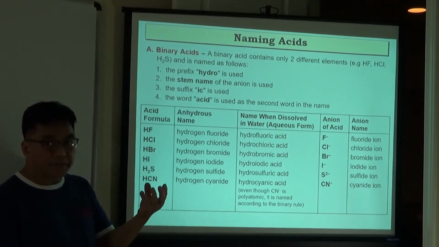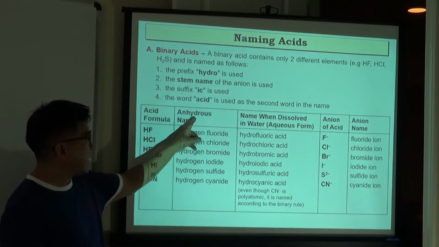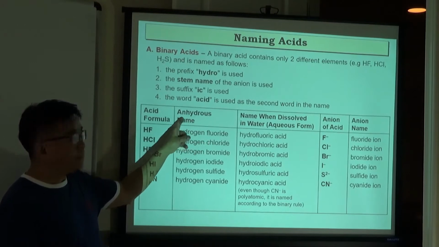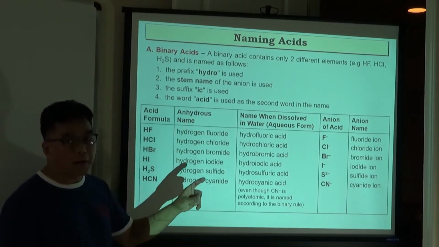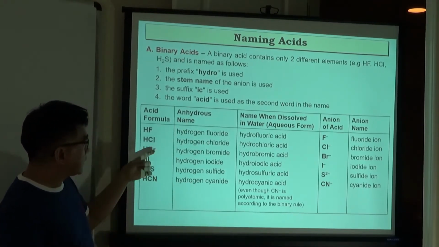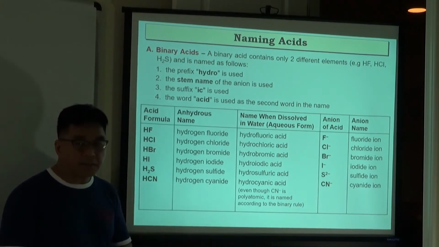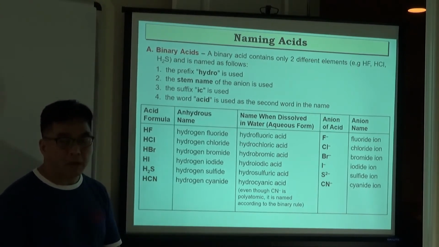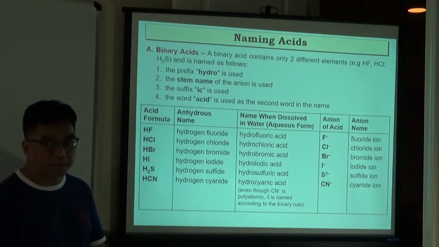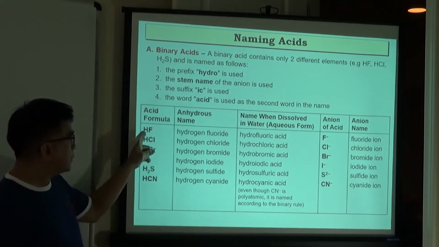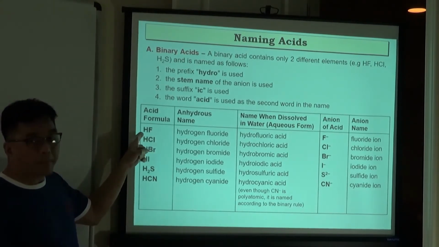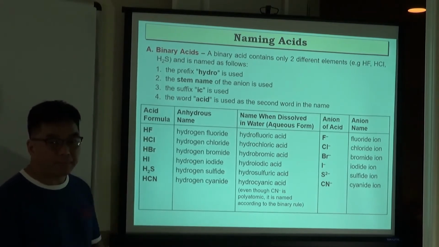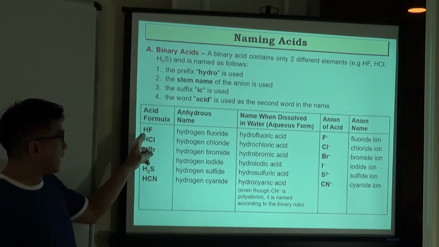As a gas, there's no water associated, so that's why it's anhydrous. An means without, hydrous, water. So they're named just like any other covalent compound, which means you have two nonmetals, and for the first nonmetal you use the elemental name given to it. So that would be hydrogen.